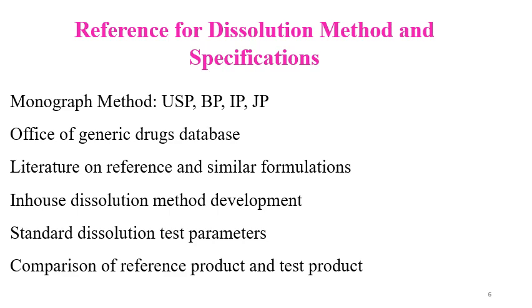If monograph is not there, then you can get some idea from the OGD database, that is Office of Generic Drugs, USFDA database. Also do literature search on reference formulation and other similar formulations if available. If you don't get the information and if the monograph method is not there, develop a dissolution method in-house and perform all the studies which are required to prove the dissolution condition, selection of dissolution condition parameters, and the specification.